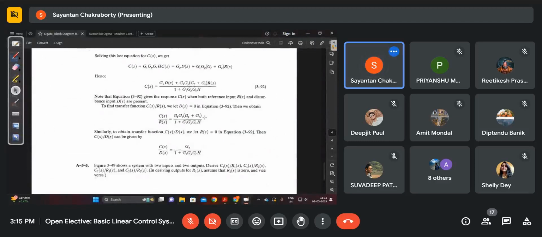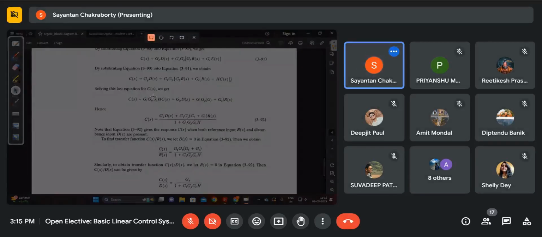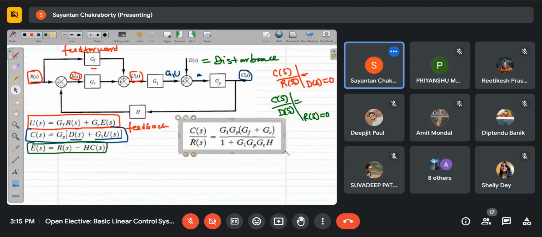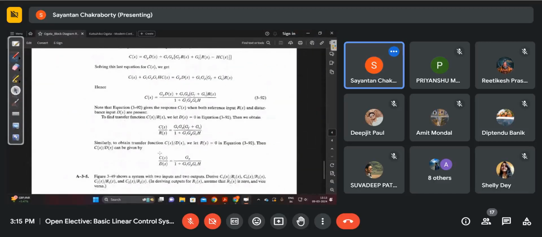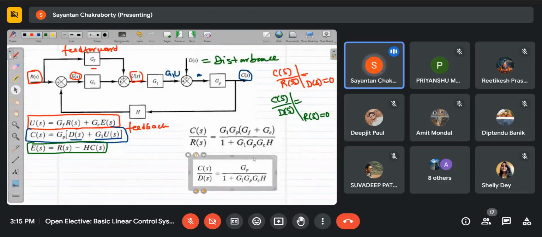Now, after suitable algebra, I can arrive at the transfer functions like this. C(s) by R(s) will be like this. And C(s) by D(s) will be like this.